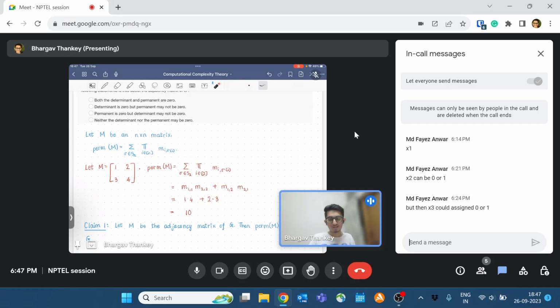The main idea of this question is the following: last time we saw the connection between the permanent and perfect matchings. Using that, you can solve half of the question. To solve this question completely, you also need to know a connection between the determinant and perfect matchings, right? Yeah, so that's what I'm going to do now.